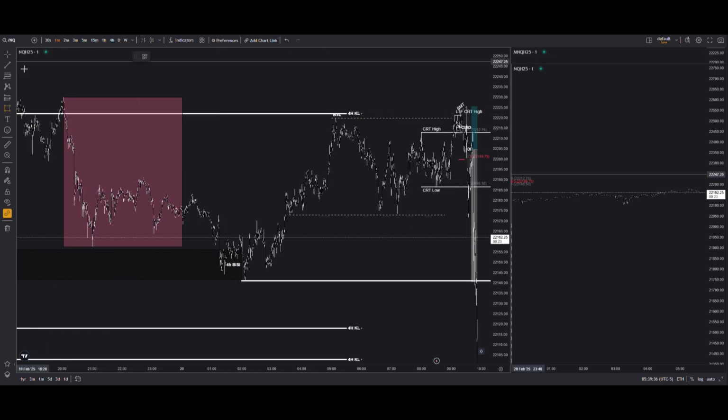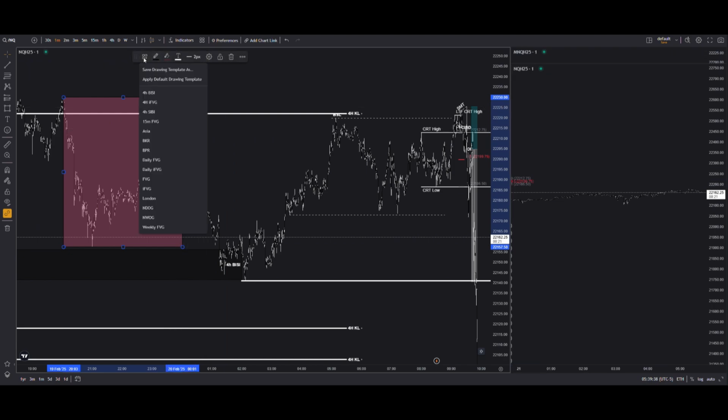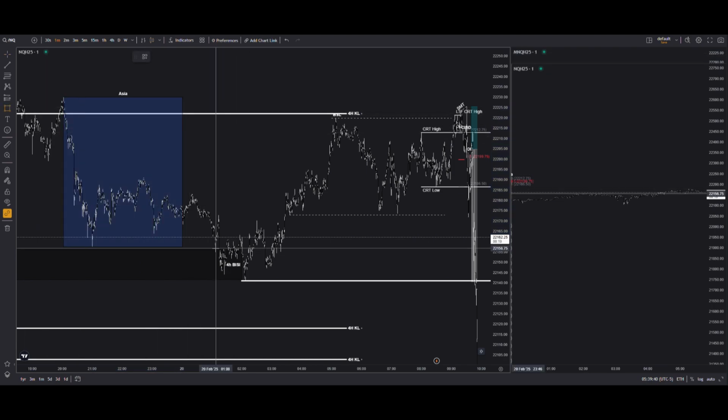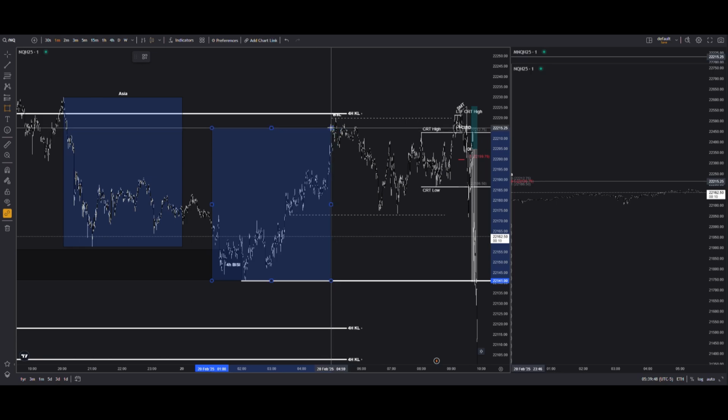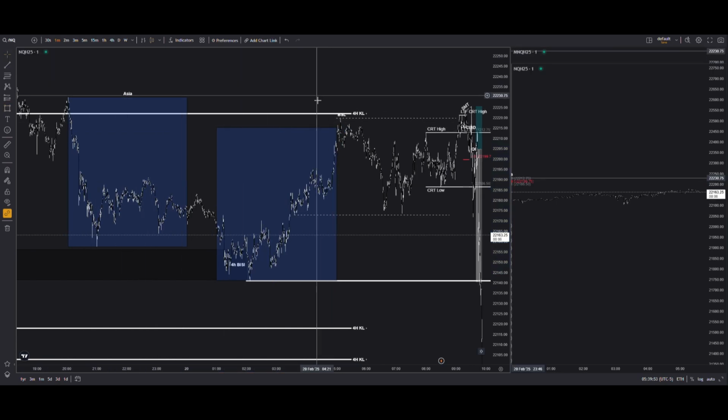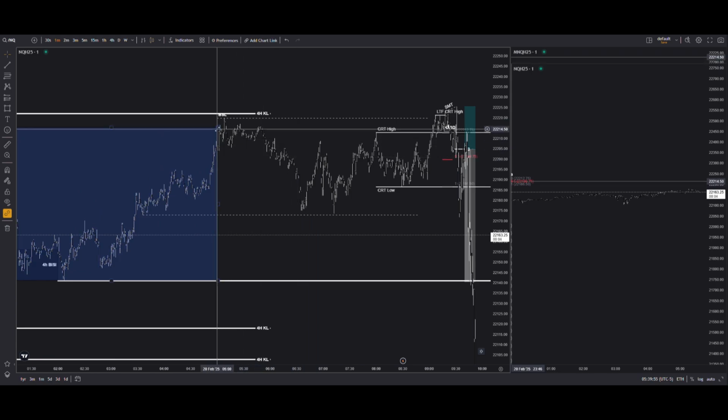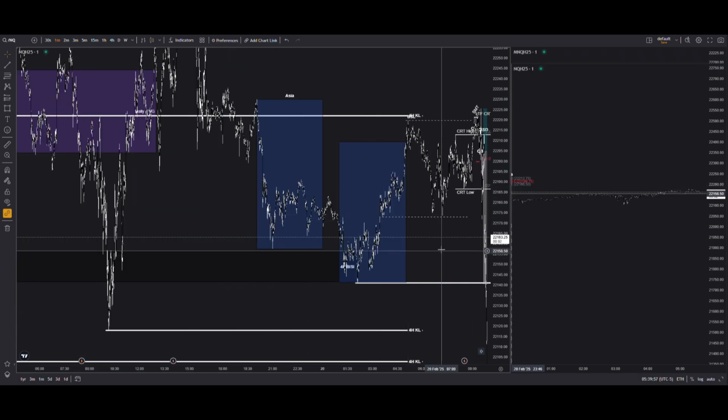And then London starts at 1 a.m. and goes till 5. So right about there.